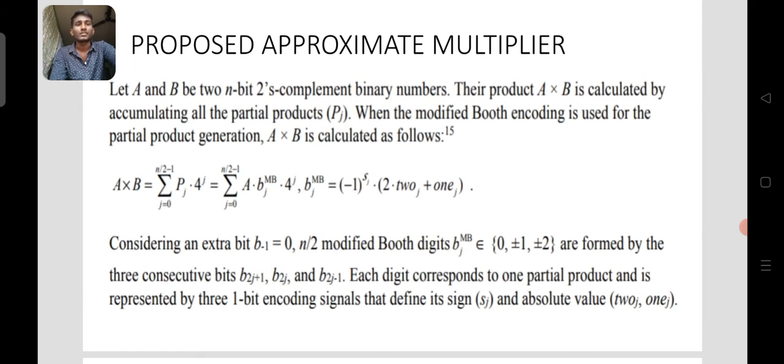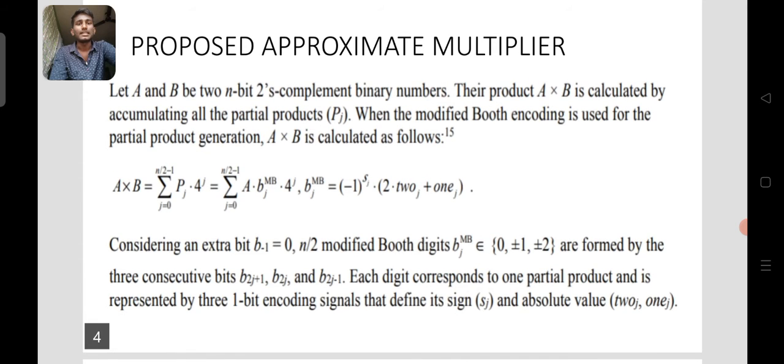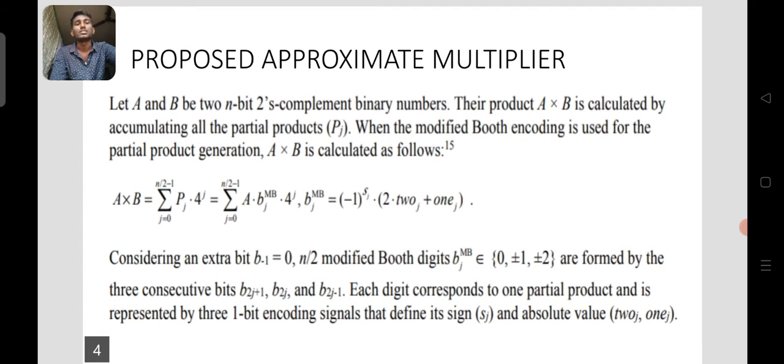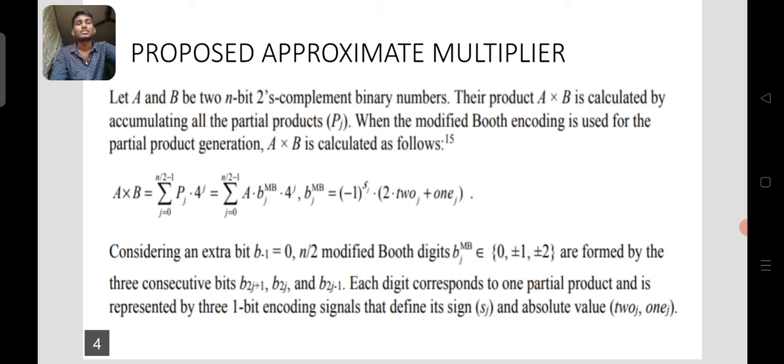Here you can see the formula for the calculation of the product of A and B, which is the summation over j equals 0 to n/2 minus 1 of Pj times 4^j, where each Pj is written as (-1)^s times (2 or 1) times A. Considering an extra bit b_-1 equals 0, the n/2 modified Booth digits, where b belongs to 0, plus or minus 1, plus or minus 2, are formed by three consecutive bits b_2j+1, b_2j and b_2j-1.